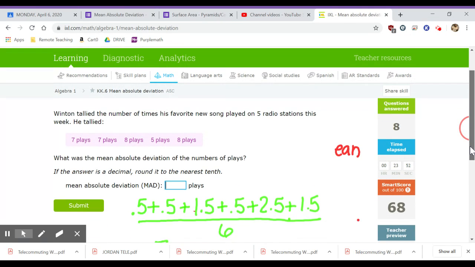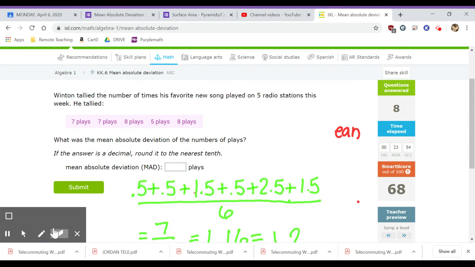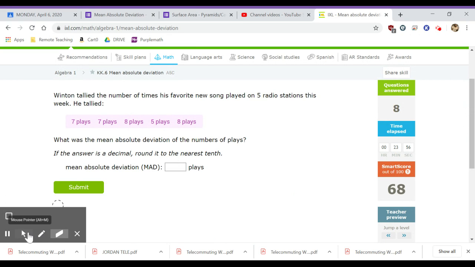What would we get to? Oh, look, 68. So we need to do one more before we get to 70. Okay? First step for the mean absolute deviation. We need to find the mean of this original data. So 7 plus 7 plus 8 plus 5 plus 8.